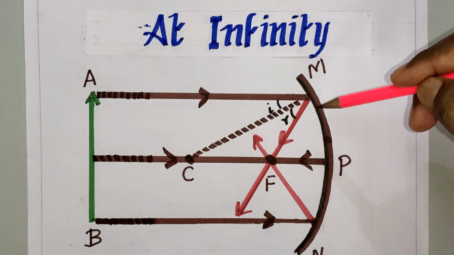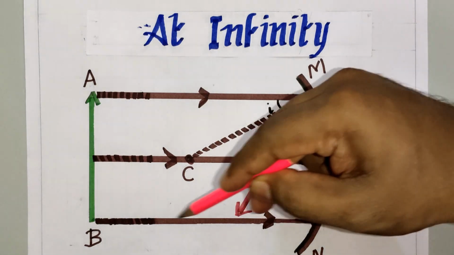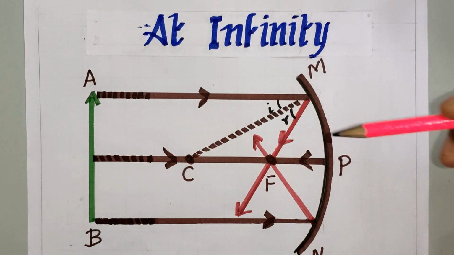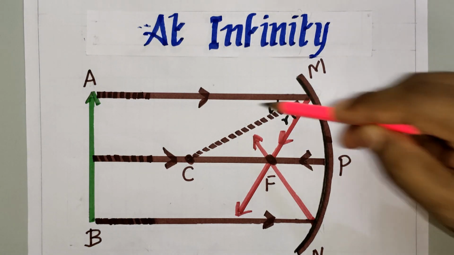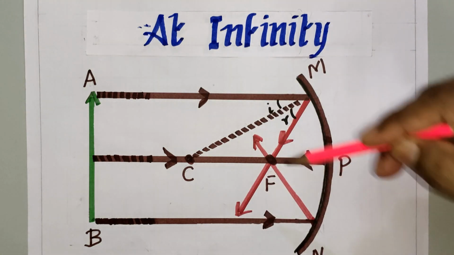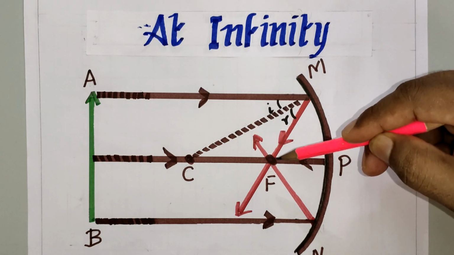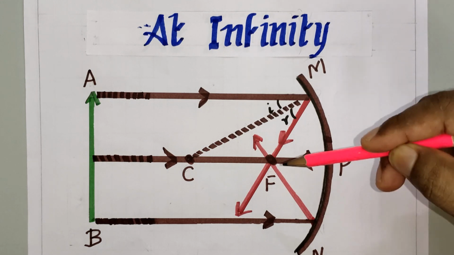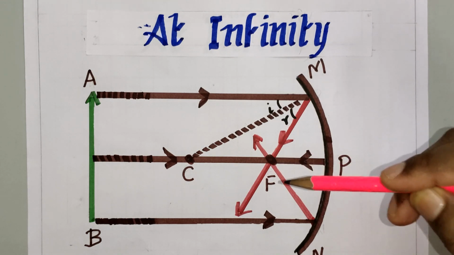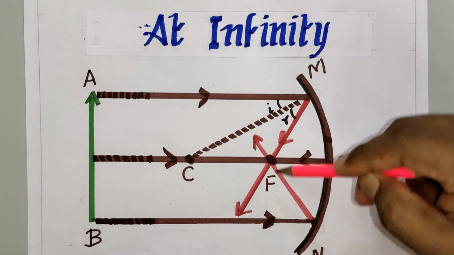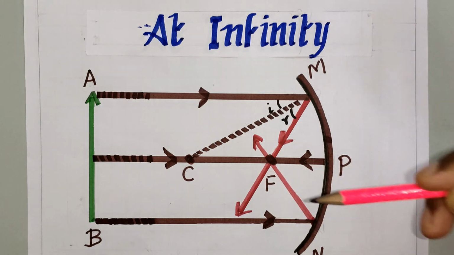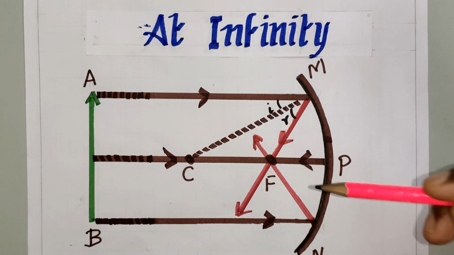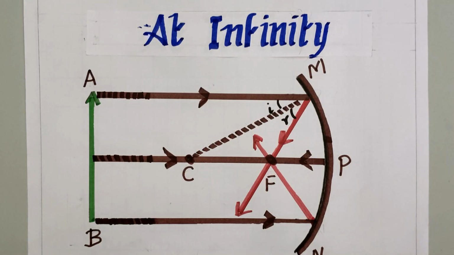Then it will reflect through focus. Already we have studied this rule. Now the reflected rays meet at one point. At the point where they meet, we will get the image. So we will get the image at focus. For this position we get a real and inverted image only.